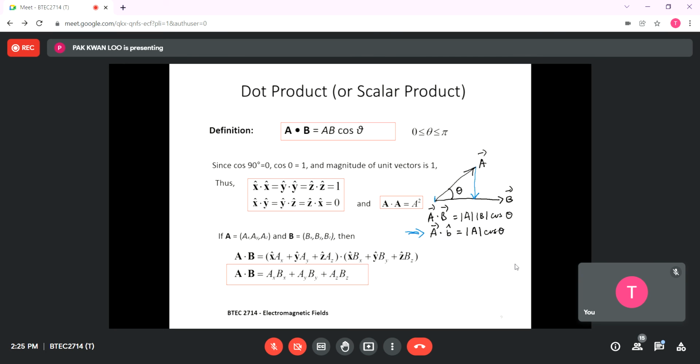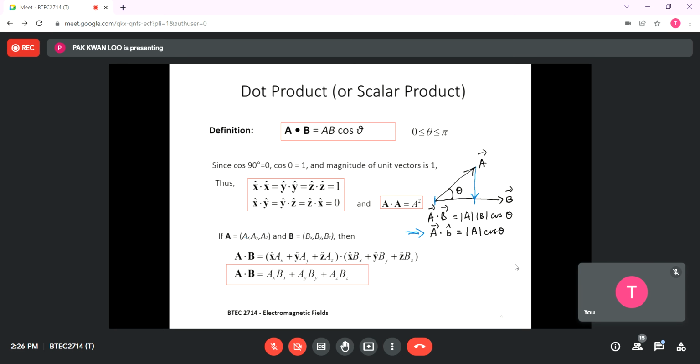So it's the projection of vector A onto B. Okay. It is of great importance that we understand the physical meaning of this. Later on we will see some important applications of this dot product.